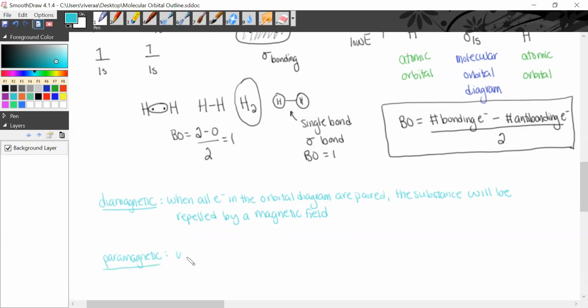And that's when you have some unpaired electrons, when any electrons in the orbital diagram are unpaired. And instead of being repelled by a magnetic field, the substance will be attracted to a magnetic field.